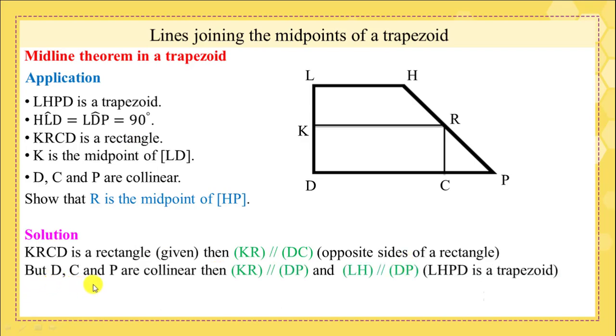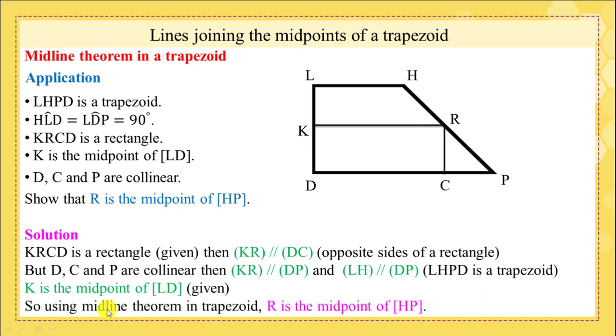But DC and P are collinear, then KR is parallel to DP and LH is parallel to DP. Since LHPD is a trapezoid, K is the midpoint of LD given. Hence, by midline theorem in trapezoid, R is the midpoint of HP.